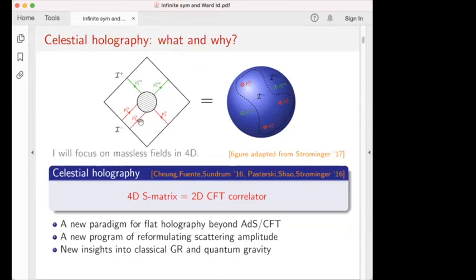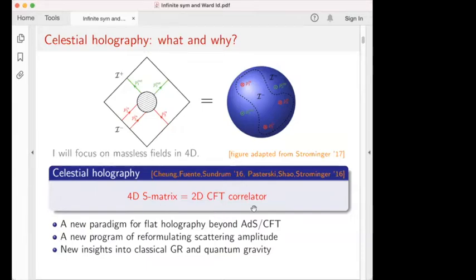We can represent each particle here in terms of an operator on the so-called celestial sphere, which lives at null infinity. Here we have 5 particles, so we have 5 operators. To evaluate the scattering amplitude on the left-hand side, we just need to consider the correlation function of this set of operators in the so-called celestial conformal field theory. So the essential point of celestial holography is that the 4-dimensional S matrix equals a 2-dimensional CFT correlator.